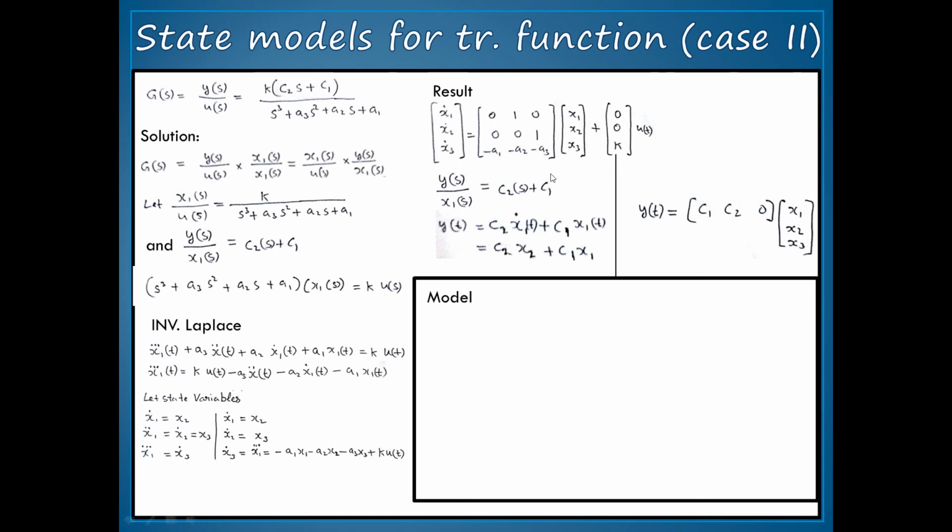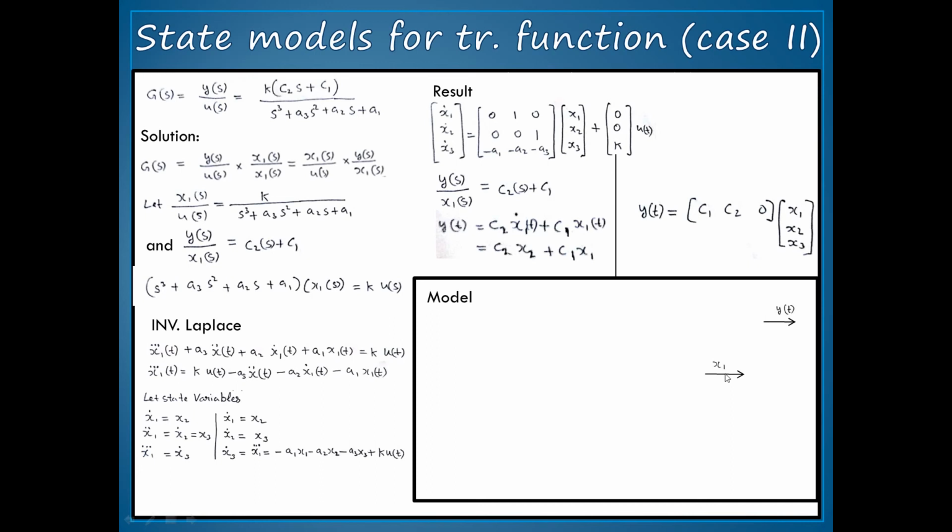How to draw the state model for these two state variable equations? The first part of this equation can be drawn in the state model as we have discussed in the case 1 part. Now you may see here this y(t) represents the output, and x1 is one of the variables which we have assumed.